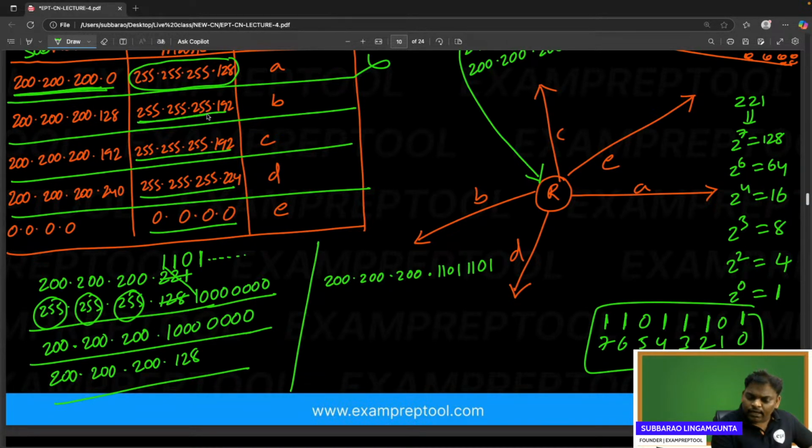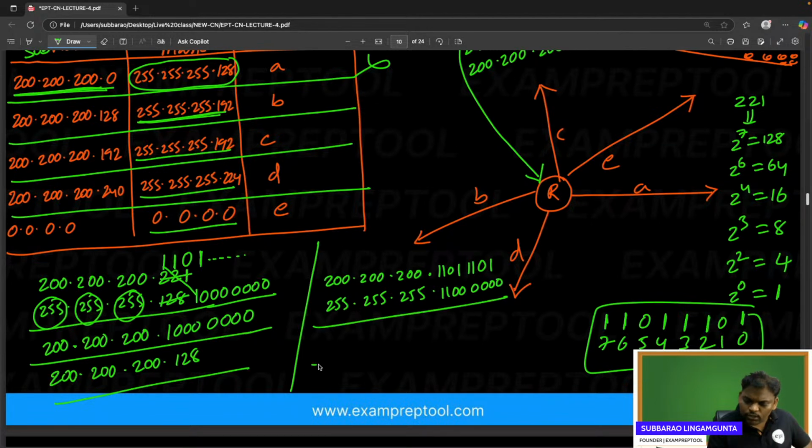That will have the AND operation done with the second row subnet mask. It is 255, 255, 255, 192. 192, everyone listen. 192 in binary format, how? 128 plus 64 is 192. Of course, 11 followed by 00 followed by 0000.